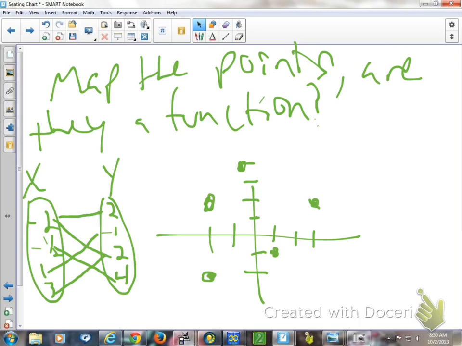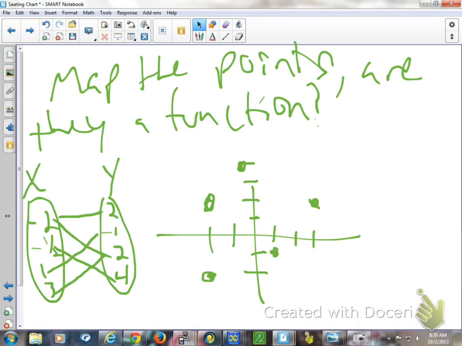We have -2 twice as an x value. Now, in a mapping, if you have to draw a line from the same x value more than once, it's not a function for that same reason. That's kind of the whole point of a mapping, to see if you have any numbers that have multiple lines coming out of them. If you do, not a function. Good. Questions?